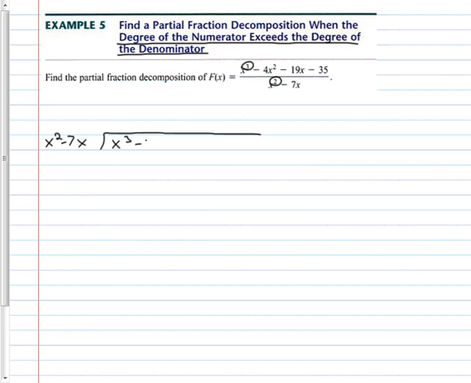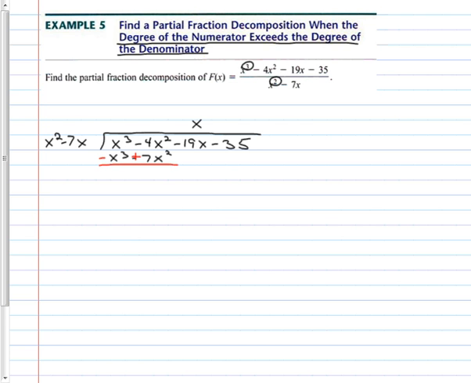X cubed. Remember how to do long division? What do I need to do with this x squared and that x cubed? Multiply it by x. So I'm going to take that x times what is in front, x cubed minus 7x squared. I'm going to change my signs and add it together.